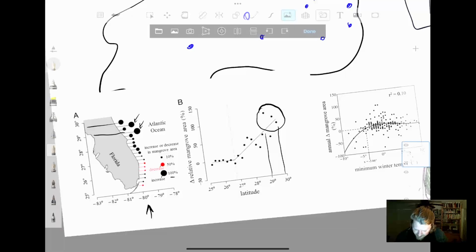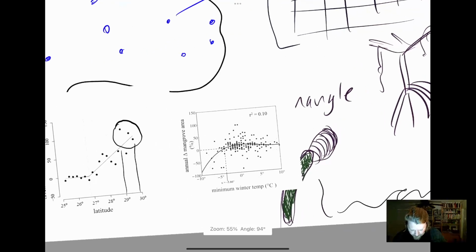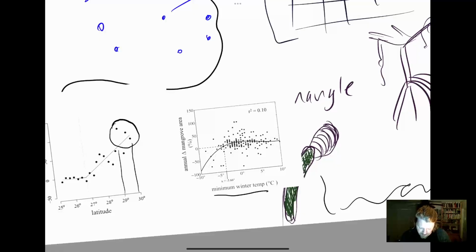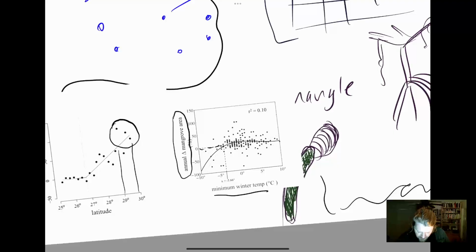And what you're seeing here is a correlation across a bunch of sites where we're looking at the minimum winter temperature and the delta, the change in percent mangrove area. And you're seeing that in some of these places where it's warmer, so a 0% change means no change.